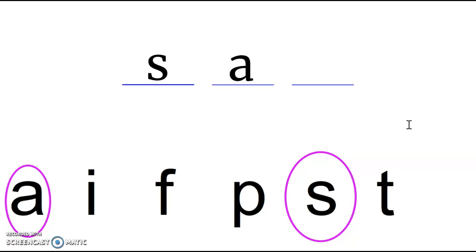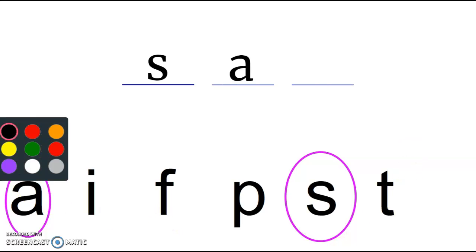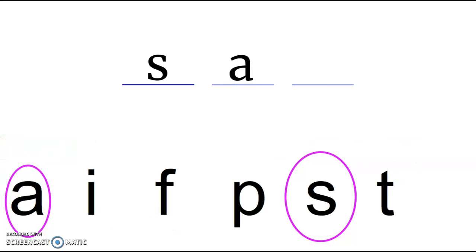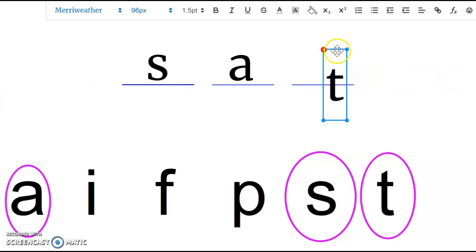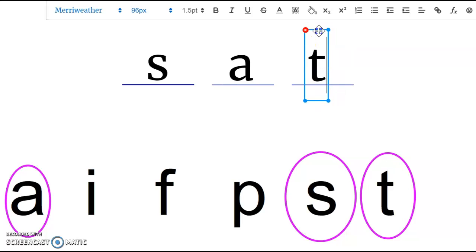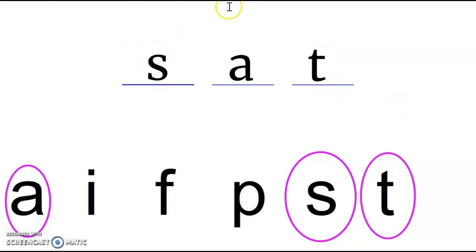Which letter makes the T sound? Can you point or say that letter out loud? If you chose letter T, you are a rock star. You're correct. Great job. Letter T is the last letter of our word. Our word is now complete. S-A-T spells sat. Sat.